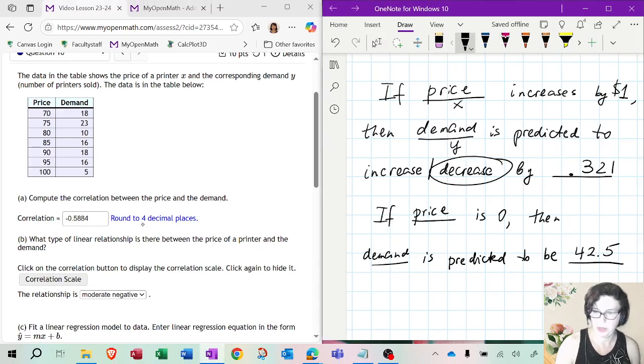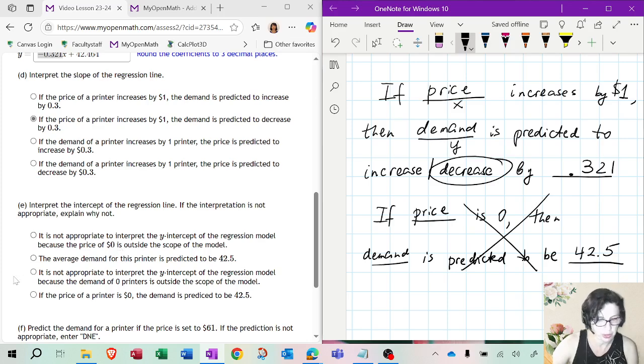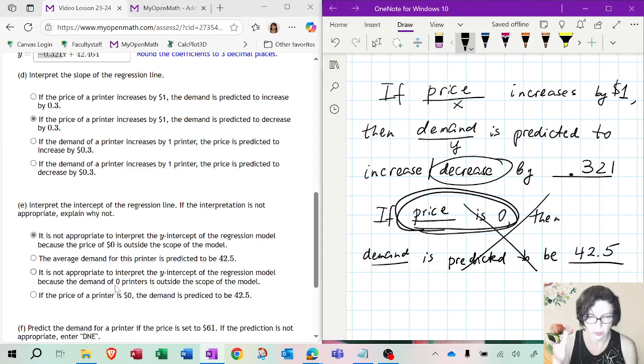So this interpretation is not appropriate. But why? Because a price of 0 is not part of the experimental region. So we're looking for the choice that says not appropriate because a price of 0 is outside the scope of the model. Notice how here it also says not appropriate, but it's talking about the demand, so that would be y equals 0. That's not what we want. We want to concentrate on the fact that the price is 0, the first part, the x, not the y.